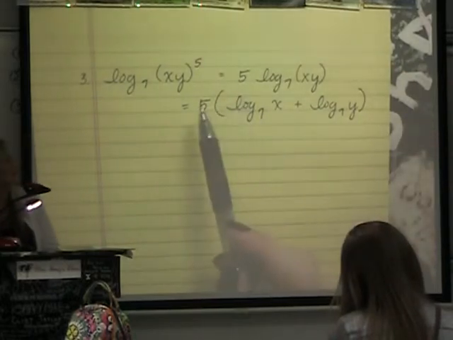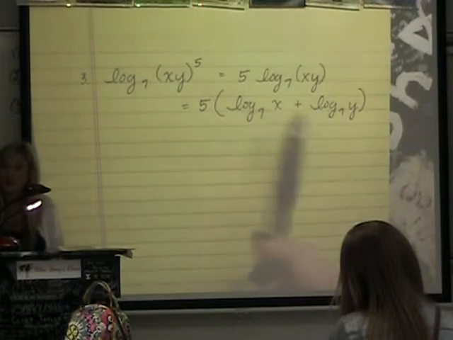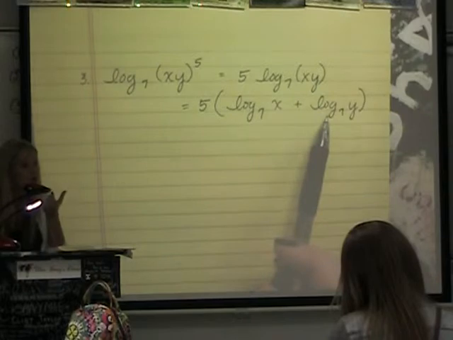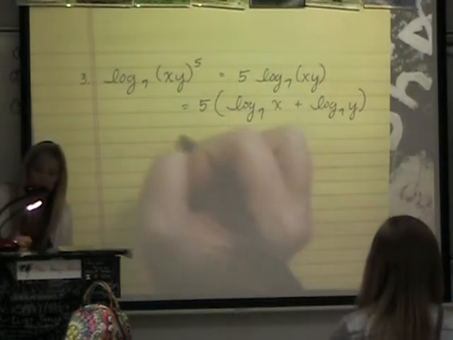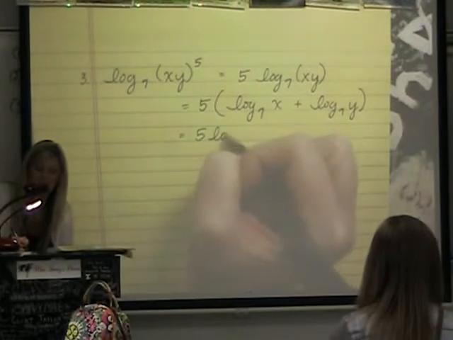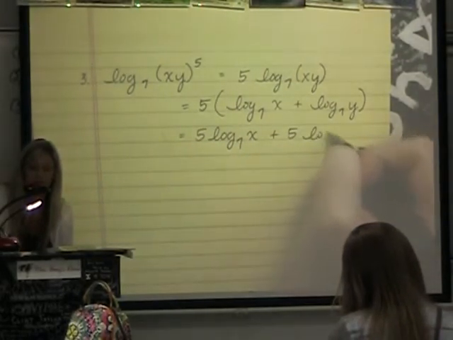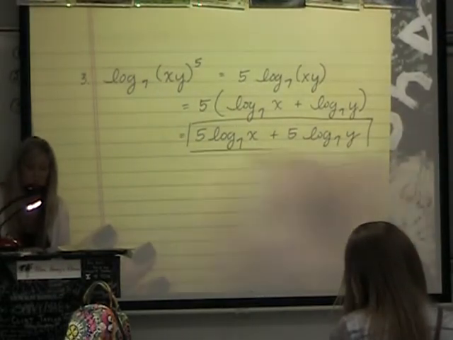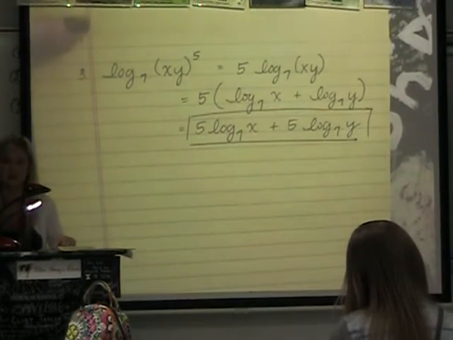Because the 5 actually is going to be distributed to both the log base 7 of x and the log base 7 of y, since both of those terms were being raised to the 5th power. So you would write your final answer as 5 log base 7 of x plus 5 log base 7 of y. That's one way to think about it. I'm actually going to show you an alternate way to think of the same problem.